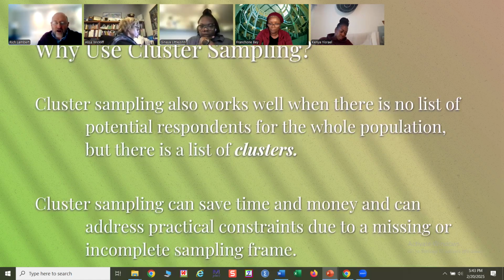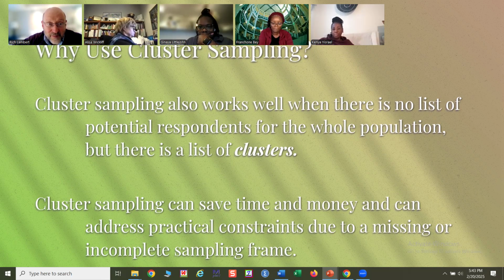So I would imagine that Charlotte-Mecklenburg has a list of every kid, right? I mean, obviously they have to. But you as an outside researcher might not get a list of every kid's name to sample. But you can go get a list of every school that's publicly available, right? That's available on the website. That's available at the National Center for Education Statistics and so forth.